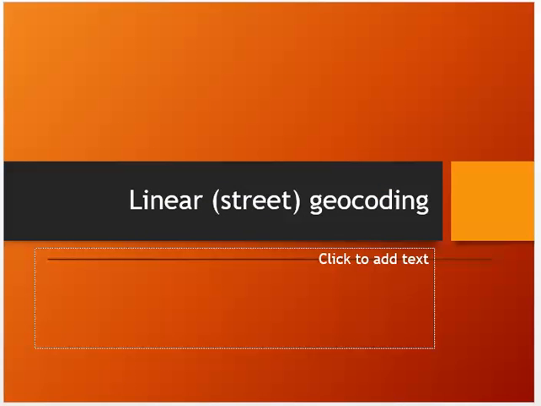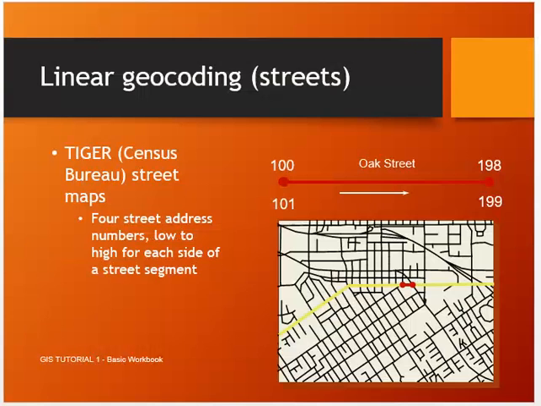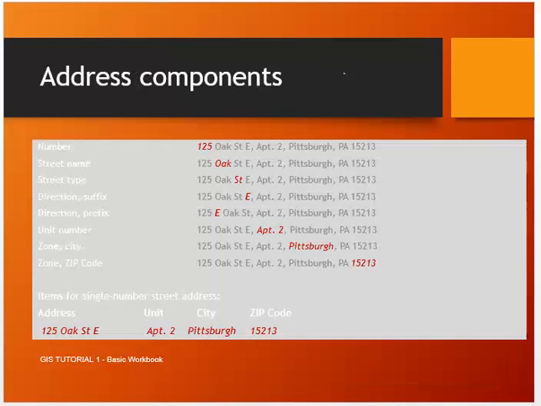The other type is street geocoding, or linear geocoding, and this is using street data and the attributes of the streets, such as the name and the address range, and what side of the street that address range is on, to approximate a location along each street segment from the address information in our data table.